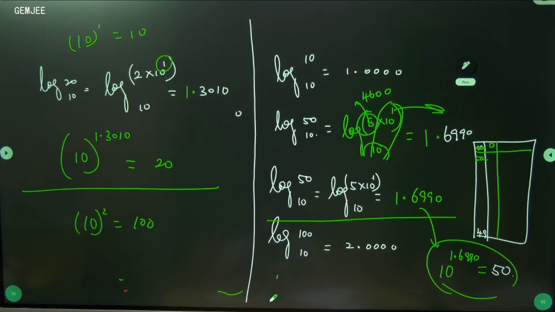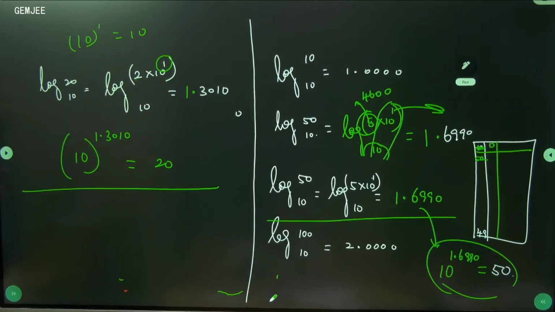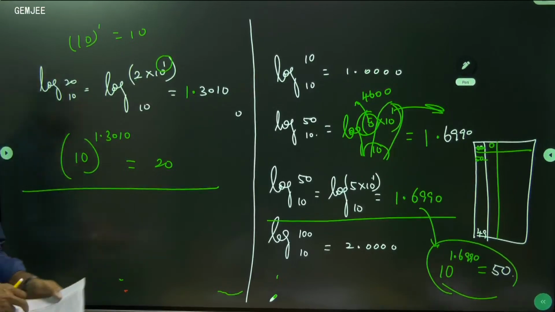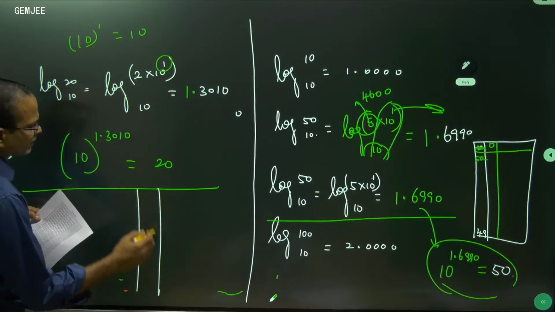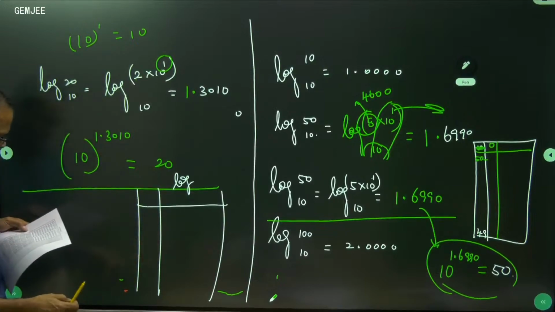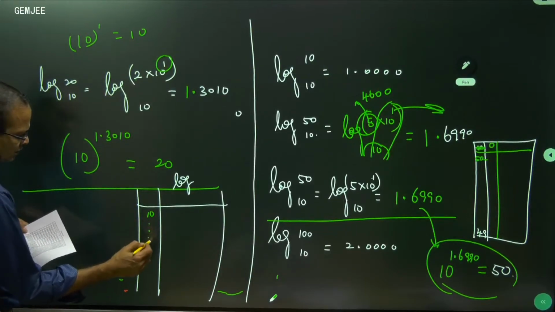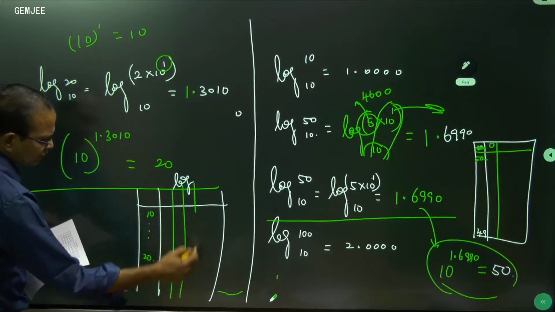Come on. Sir, can you repeat how you got 3010, sir? Yes, take your table. I already shared the table with you. Please take your table. The logarithmic table. Here it starts with 10, 20. Here 0, 1, 2, 3, 4.